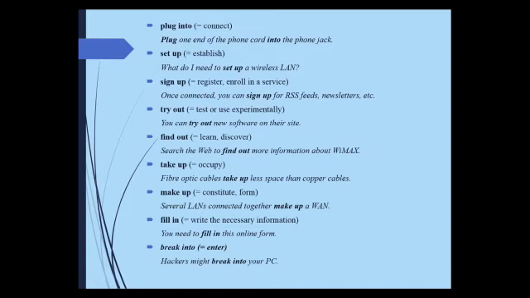You can try out new software on their site. Find out, learn, discover. Search the web to find out more information about WiMAX. Take up, occupy. Fiber optic cables take up less space than copper cables.